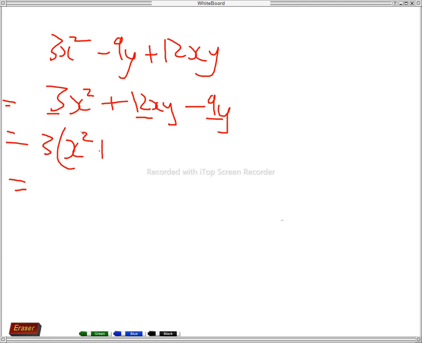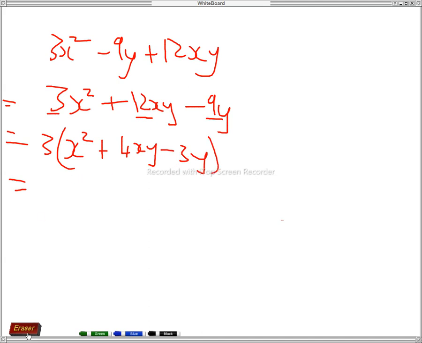When I say 12 divided by 3, it goes 4 times, so I'm having 4xy. Therefore negative 9 divided by 3 goes 3 times, so my answer is negative 3y.